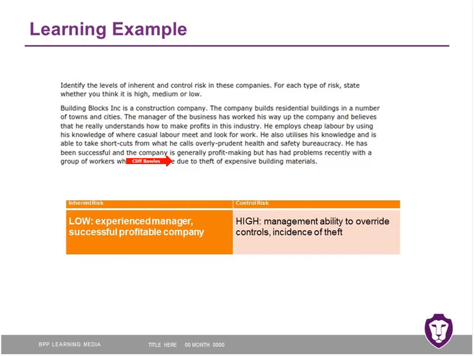Obviously the controls aren't in place. So in this case the control risk is high, but the inherent risk, because he knows what he's doing and the business is profitable, is low. And you just need to give some justification. So this is the sort of question you might get asked about inherent and control risk.